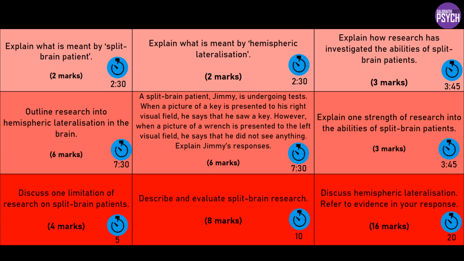Okay, and linked to this idea of lateralisation being an oversimplification, you could bring in other research which has talked about, for example, individual differences in lateralisation. We understand, for example, that lateralisation changes with age. If you scan the brains or study the brains of older people, you'll see less hemispheric specialisation. You'll see people more able to use both halves of their brain.